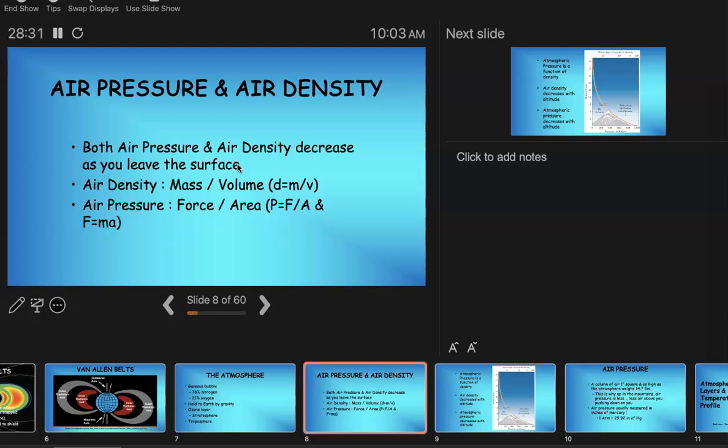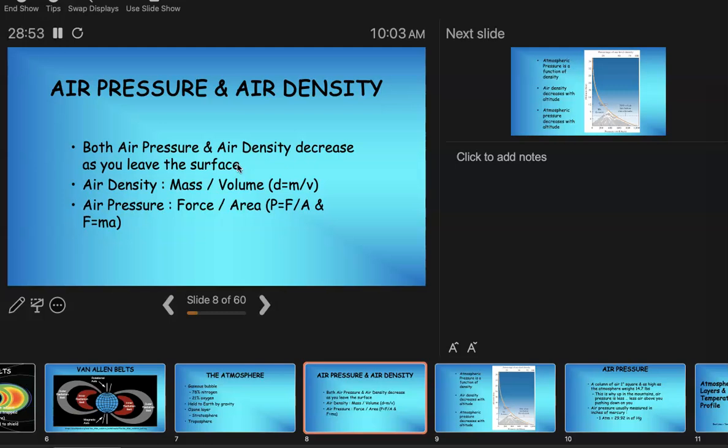I'm not going to show you those equations ever again. I just wanted you to see that it is all connected, that math is helpful for once, and it goes back to the mass of the molecules and gravity's effect on them.